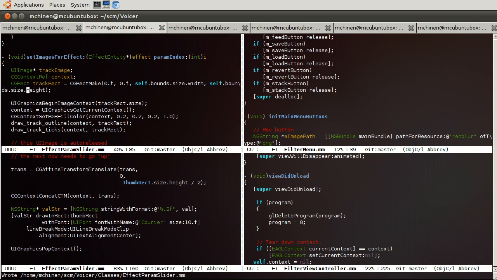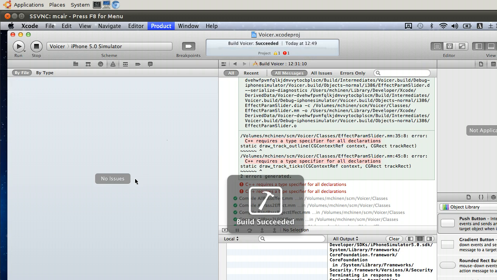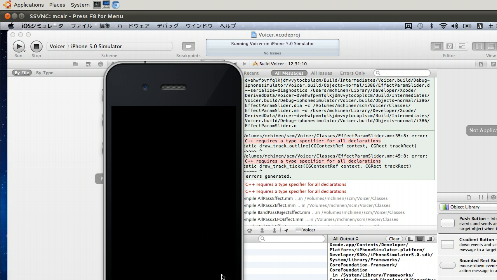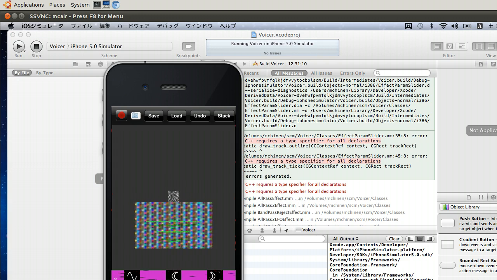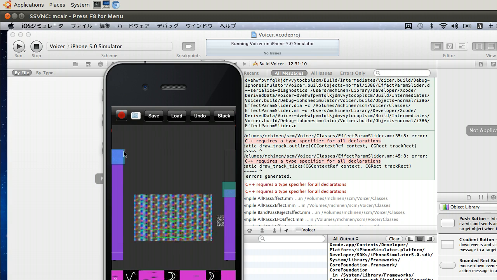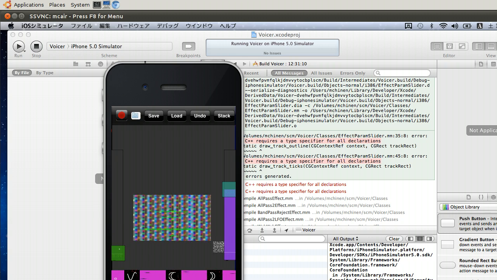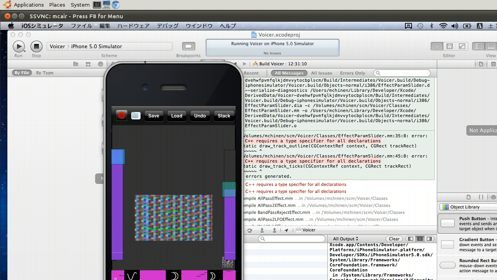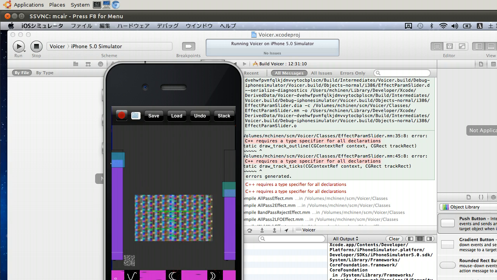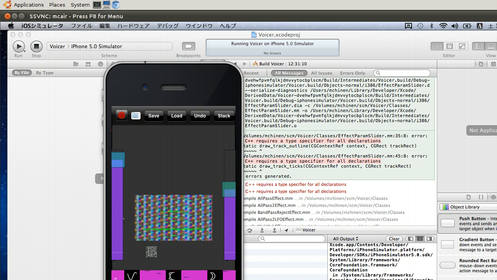Okay, let's try that. Well, that's not doing the right thing at all anymore. It now draws only one tick. Presumably everything else is getting rotated in weird ways.